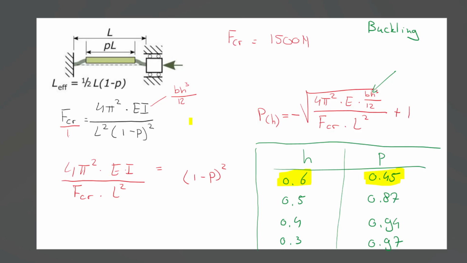So the first one actually already makes sense, because for a height of 0.6, we need to at least have a p-value of 0.45 to reduce buckling. It can be more, of course, so it has to be bigger than this value, you can imagine. If it's bigger, then we just increase that buckling force.